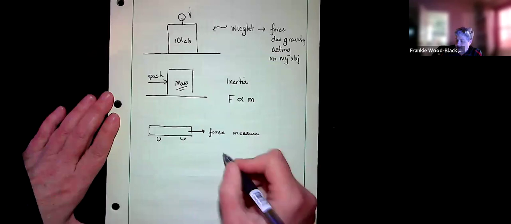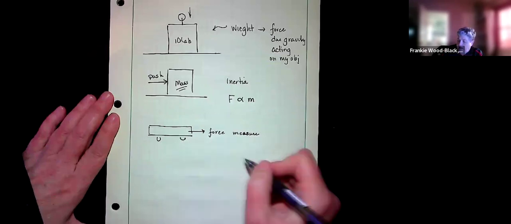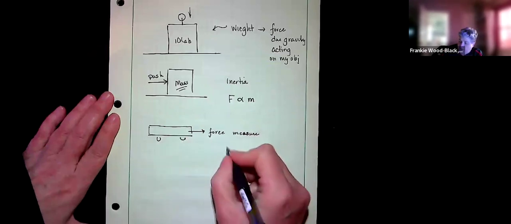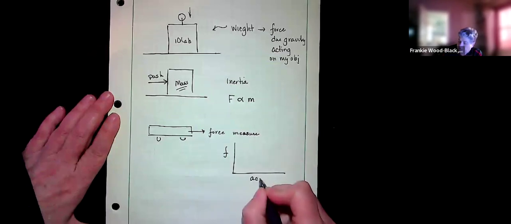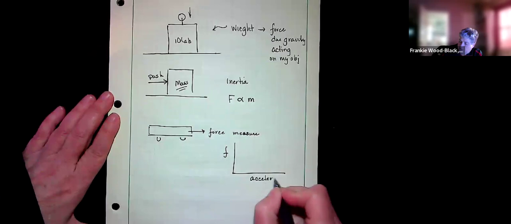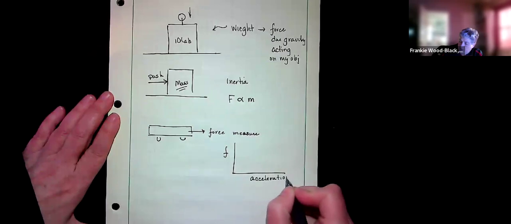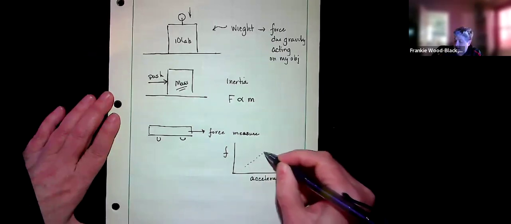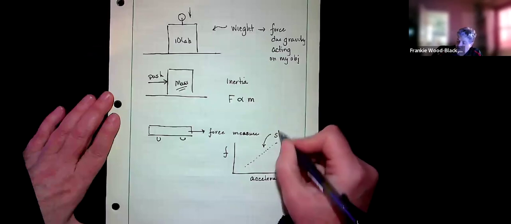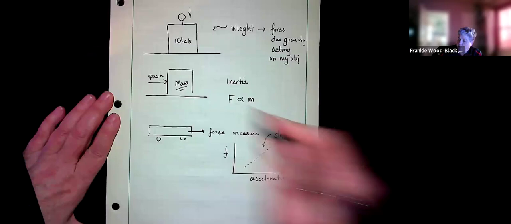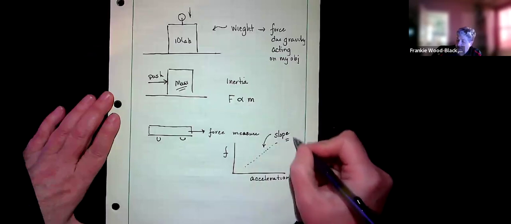If I'm measuring this and I do a force versus acceleration plot, we're going to get data that kind of looks like this. And the slope of this is our proportionality constant, which is going to equal the mass.